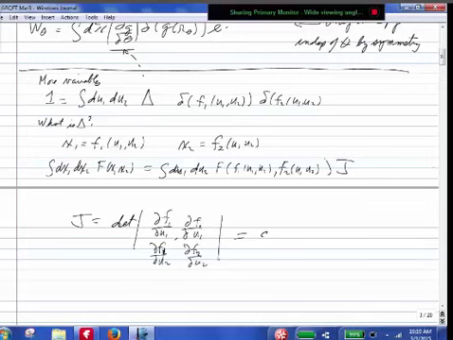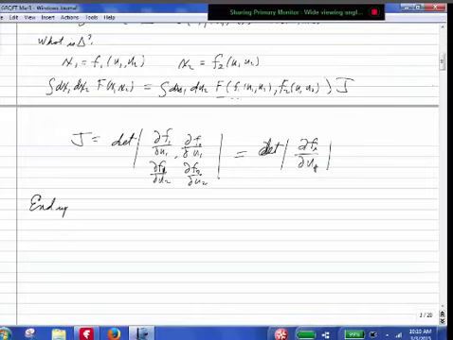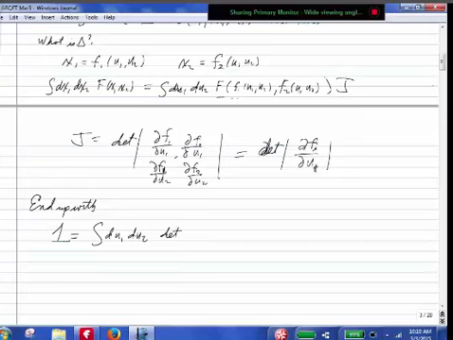So that's just the general transformation. And the Jacobian is just the determinant of df1 du1, df2 du1, etc. It's the determinant of df i du j.